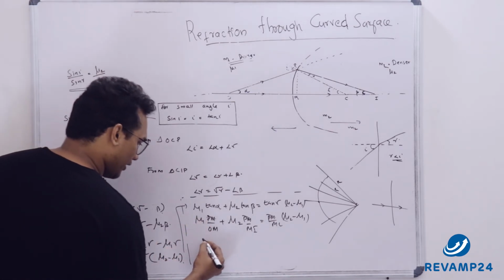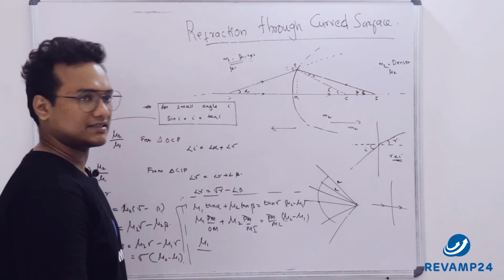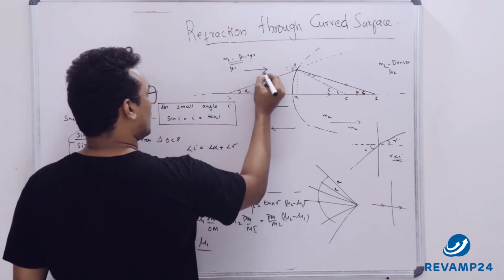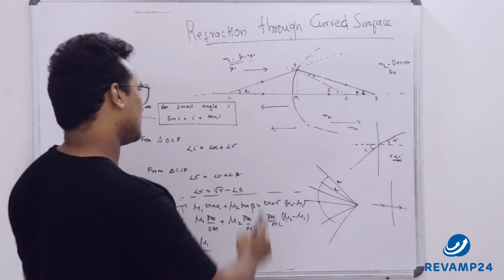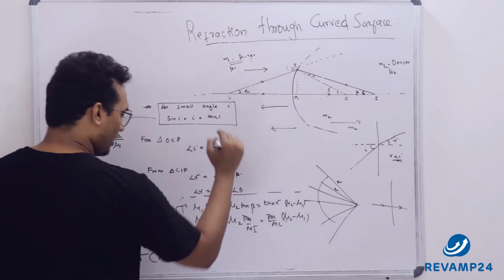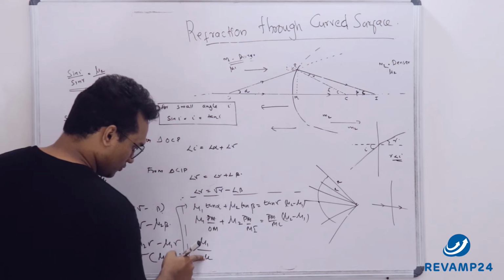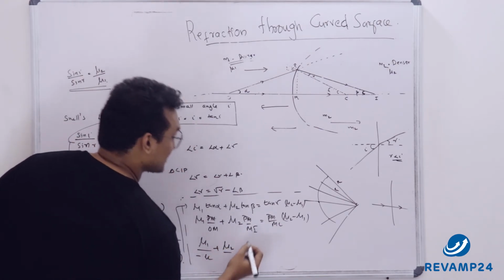So mu1 divided by OM. What is OM? OM is the object distance and that is measured in this direction. All rightward directions are positive, leftward measurements are negative. So this is a leftward measurement. OM, the object distance, is minus U. Plus mu2 into MI.